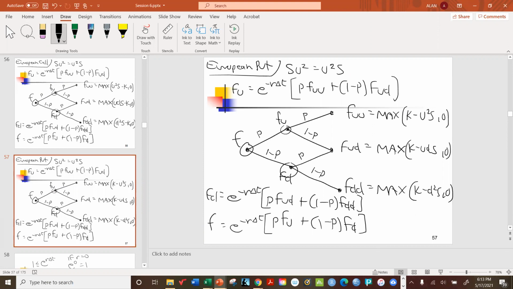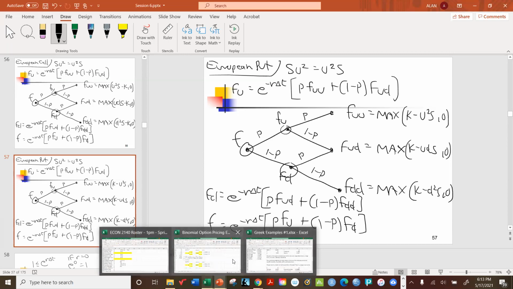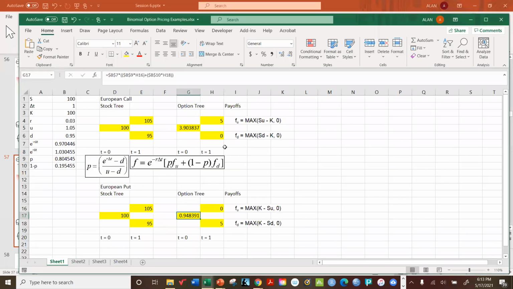Now we do have an Excel spreadsheet here where all of this is set up for us. Why don't we go ahead and start looking at these examples? You can see, if you set it up correctly, you can do this in Excel without doing a lot of calculations. All right, so remember, it's called binomial option pricing examples.